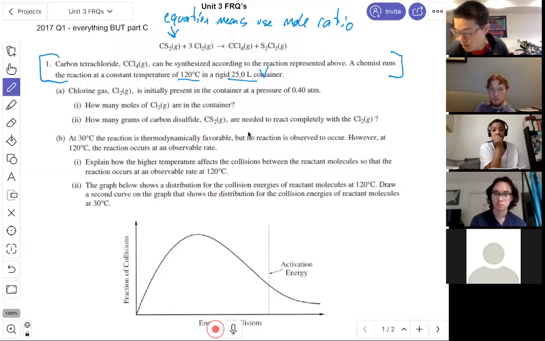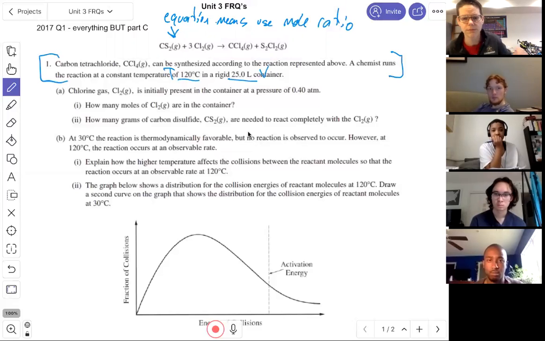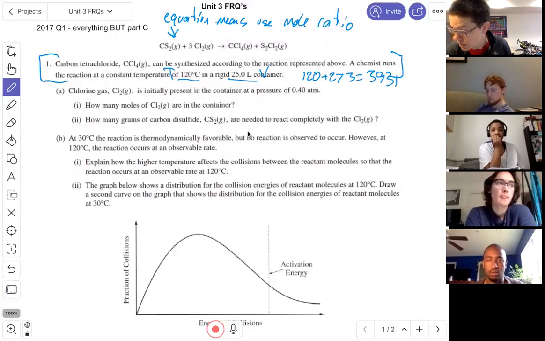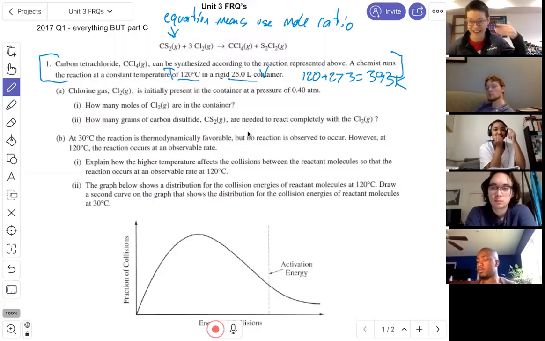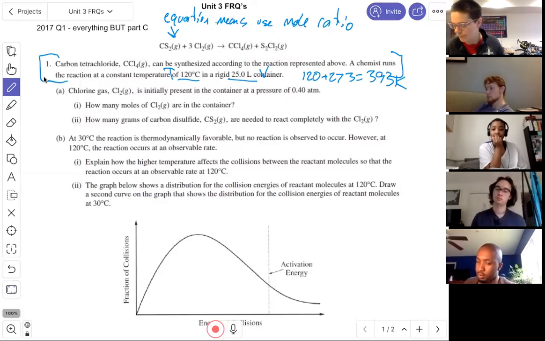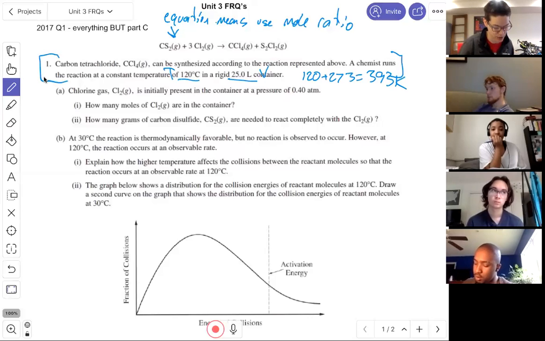And what are you automatically seeing that you have to do with that temperature? Put it in Kelvin. So what is that temperature in Kelvin? 393. Yep. Okay. So you can do that sort of stuff without even having to read the rest of the question. But if you see a temperature and a volume, you should already be thinking which formula are you going to have to use.